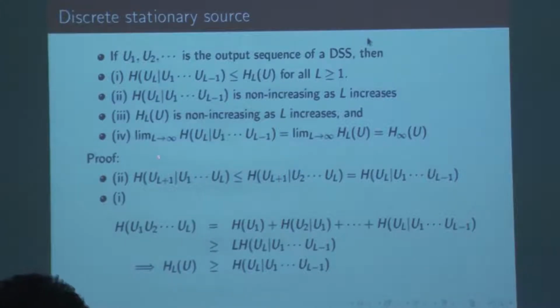That is how we are going to prove this, because from property 1, as L goes to infinity, this is less than or equal to this. To prove this, what we need to show is that as L goes to infinity, this term is also less than or equal to this, and then we will say both these conditions can only be satisfied when they are equal, right. So that's the proof, that's how we will prove it.